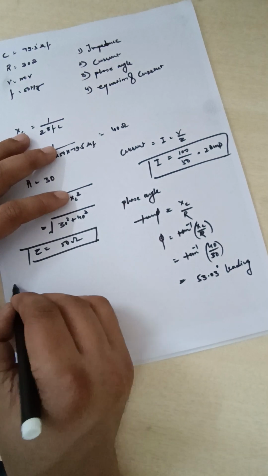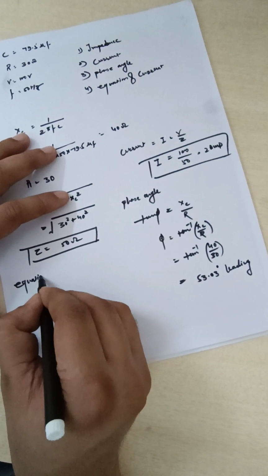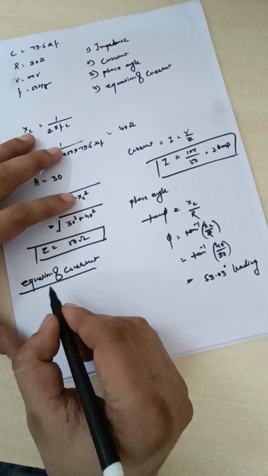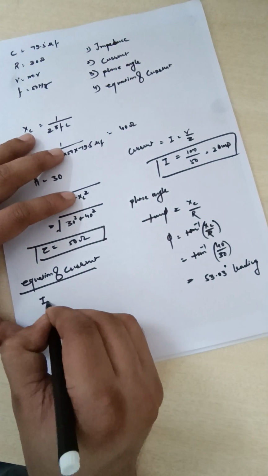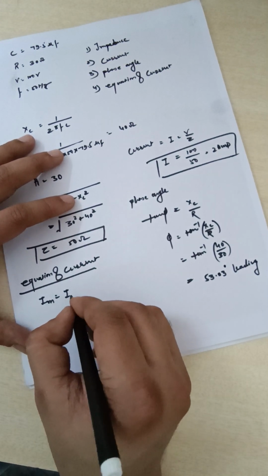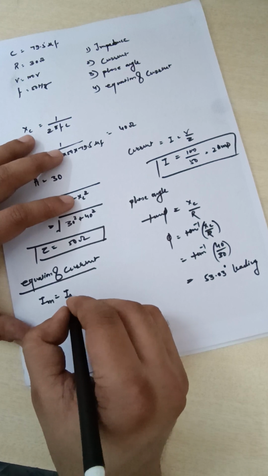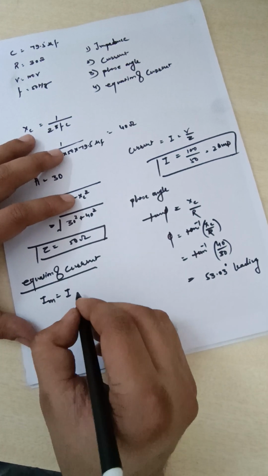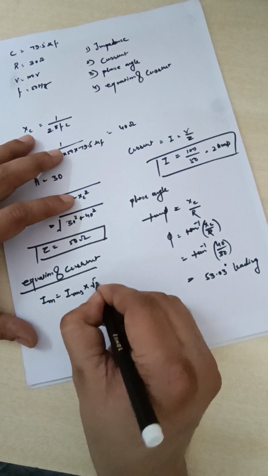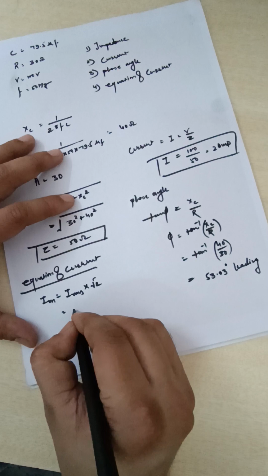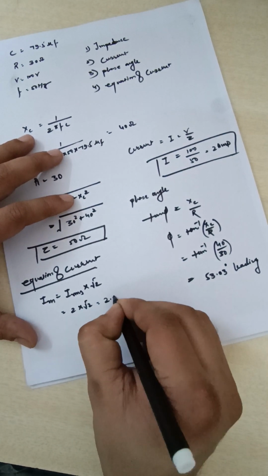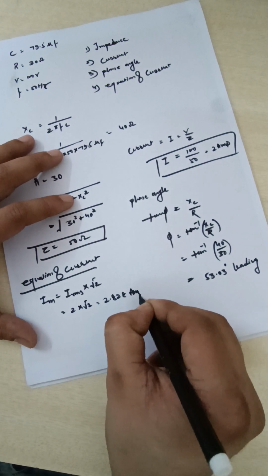Now next is equation of current. Im you have to calculate. IRMS is 2 ampere, which we have calculated, multiplied by root 2. So maximum current will be 2.828 ampere.